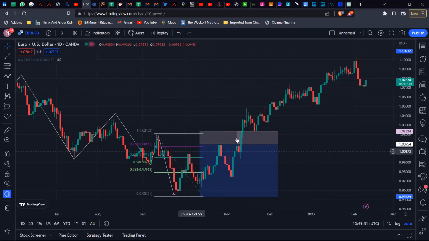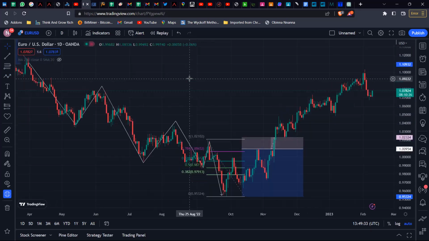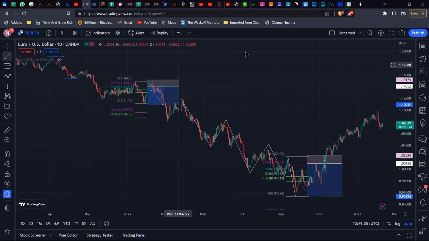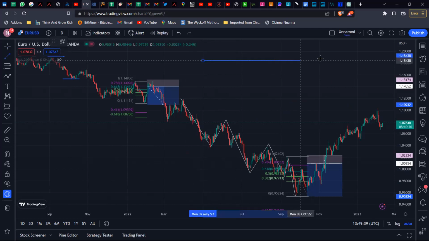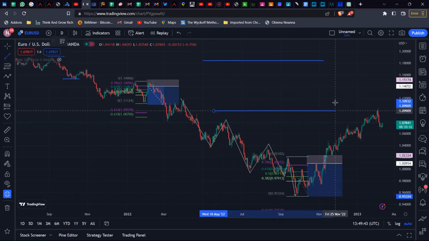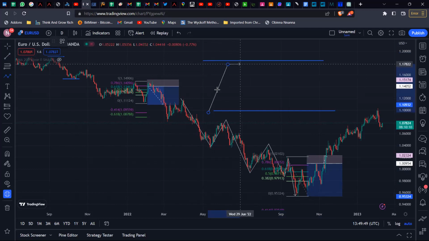But if you don't confirm your trade, especially for those who look at areas like support and resistance, and they say, oh, this is a strong level of support or a strong level of resistance. And then if price gets up to resistance, they automatically start selling, hoping that price will come down. If price comes down to support, they start buying.